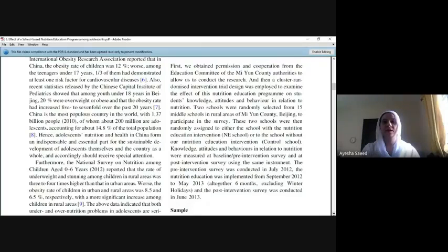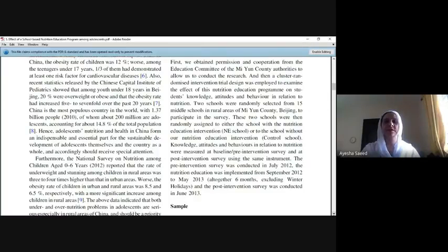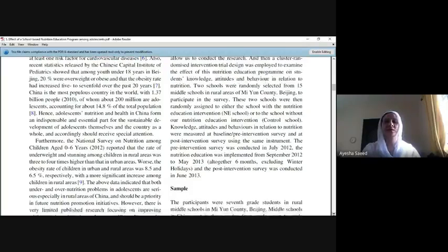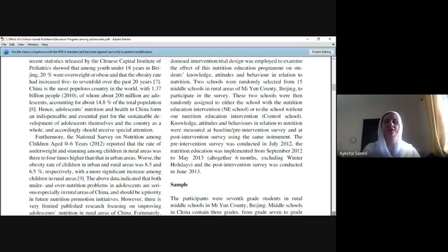The pre-intervention survey was conducted in July 2012, and then the intervention was implemented from September till May for 6 months, excluding the winter holidays. And again, after 1 year, the post-test was conducted in June 2013.